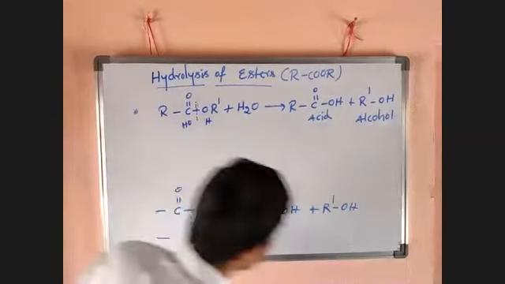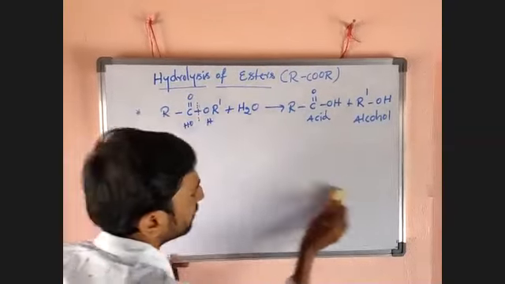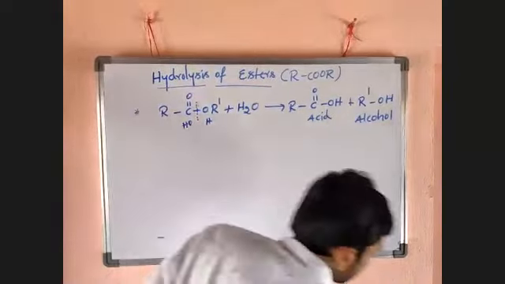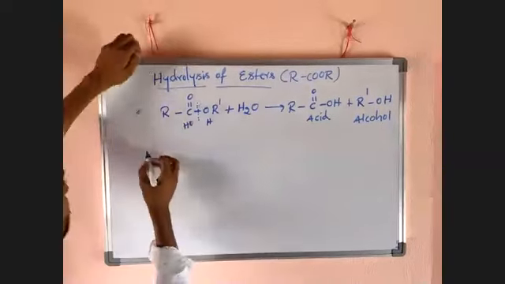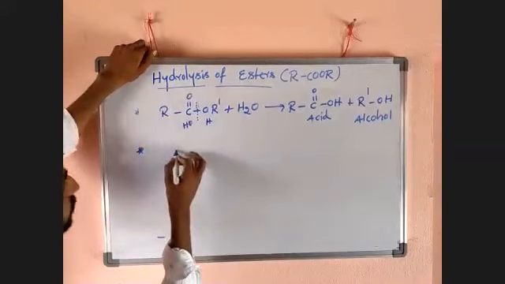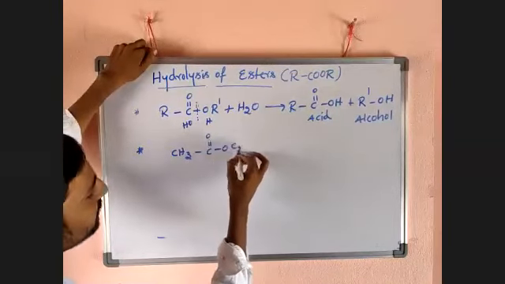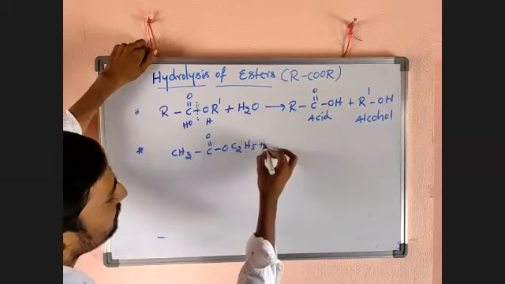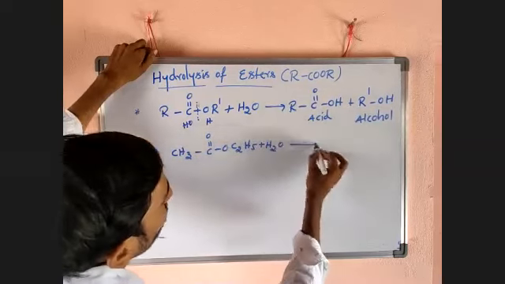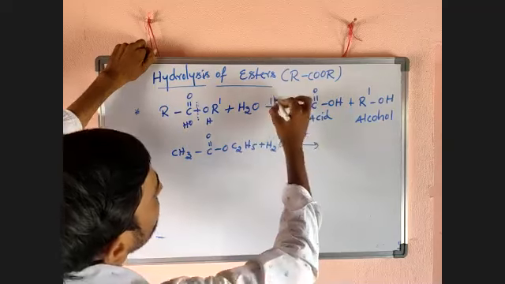Now I want to take a specific ester for this reaction: CH3COOC2H5 plus H2O. The reaction takes place in the presence of acid generally.